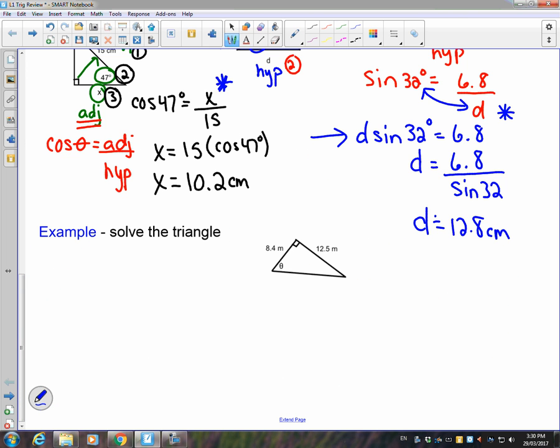All right, next part, solving a triangle. Remember that to solve something means you want to calculate the length of all the sides and all the angles.